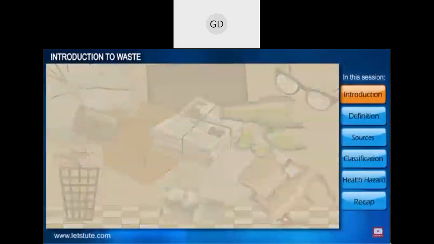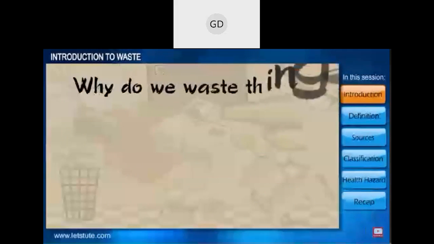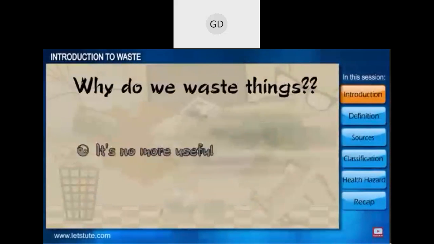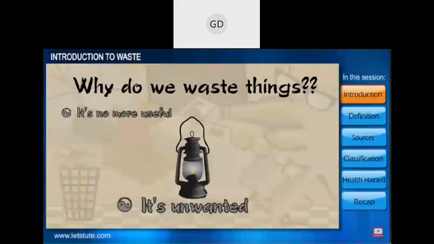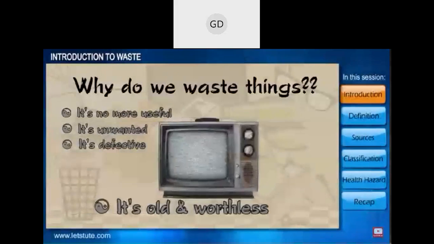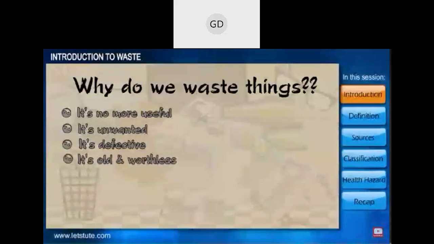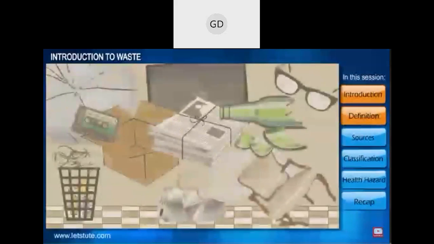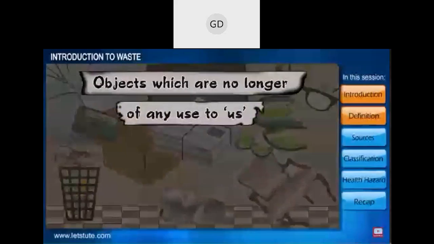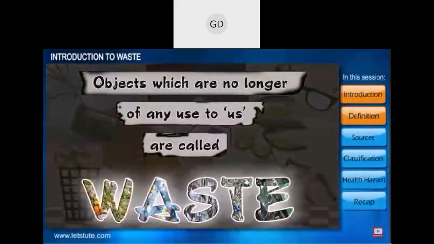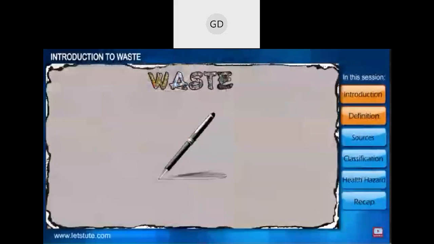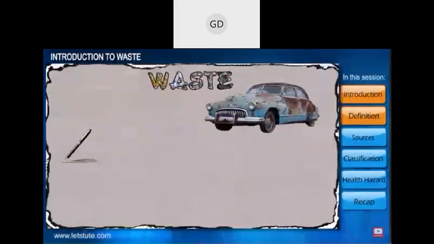We discard or throw away such things because they can no longer be of any use to us, or they might be unwanted, defective, old, or worthless. And such objects which are no longer of any use to us are called waste. This waste can be as small as a used pen to as large as an old vehicle.